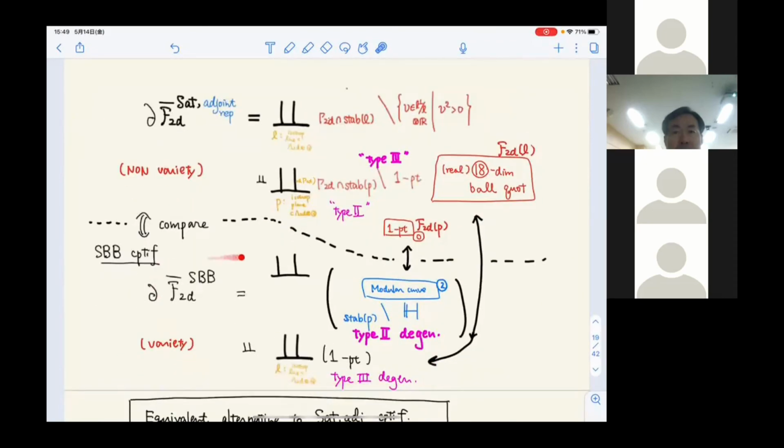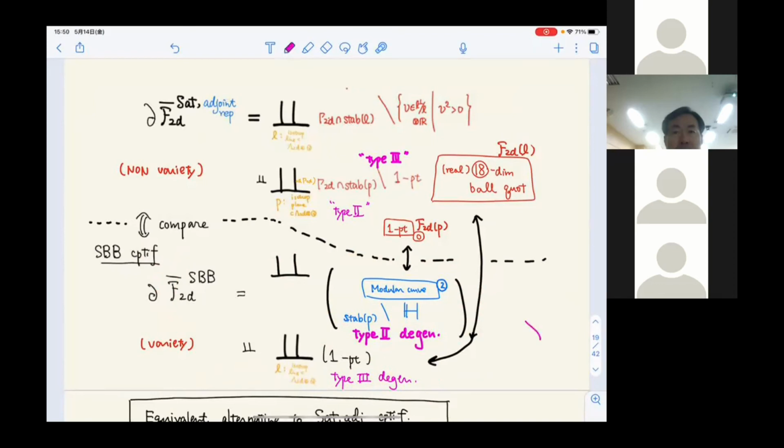If you apply Baily-Borel to the K3 moduli, the moduli of algebraic polarized K3, then the boundary looks like this. We have finitely many curves, which are modular curves, the upper half plane divided by a discrete group, and also we have finitely many 0-dimensional points.